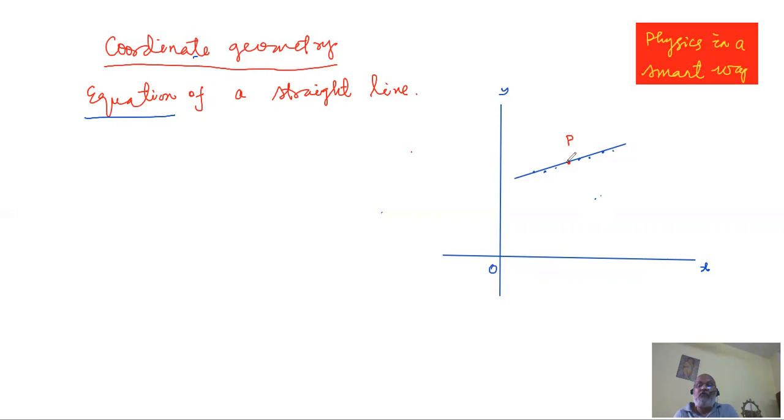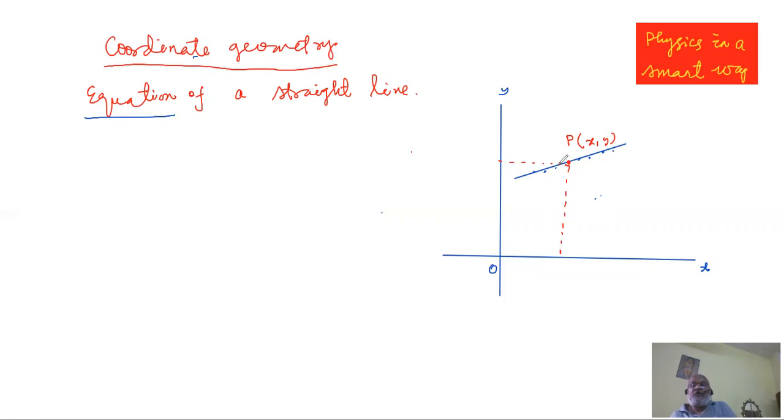But what do you mean by equation? Let us consider a particular point which is on the straight line. The point has its own x and y coordinates.